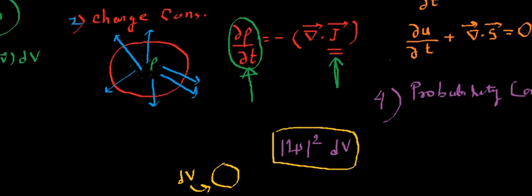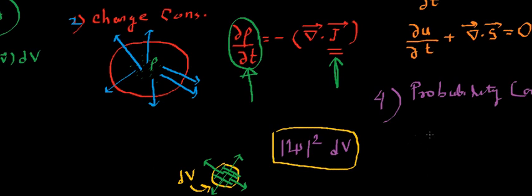Now something interesting happens in quantum mechanics. What if I tell you that there is an outward flow of probability? I know it's weird, but just bear with me. Because of this outward flow of probability, it means something is happening to the particle, or somebody is disturbing the particles in such a way that the probability of finding the particle in this particular dV region goes on decreasing with time. Some kind of current, because of which the probability is decreasing.